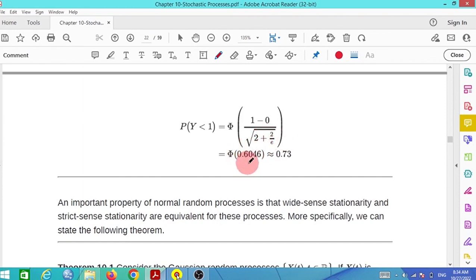This is this value, and we come back to the normal table and specify this value. This area is this value.